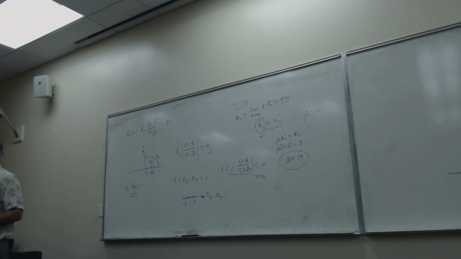I think it's just chosen to be small. You could design it such that it's even smaller, but if it's too large, then the desired closed loop dominant pole will deviate from what you want it to be.